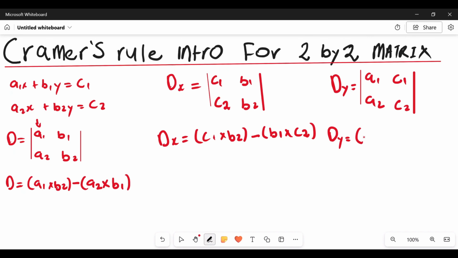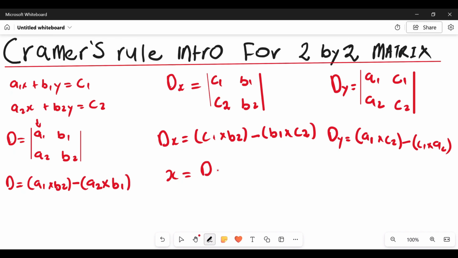Now for dy, which is the determinant for y, we also are going to do the same thing there. We multiply our first entry, which is a1, with our last entry, which is c2, and this is going to be subtracted by the product of the second entry, which is c1, and the third entry, which is a2. There we go. And this here is going to give us dy. Now when we calculate for x, the following equation must take place.